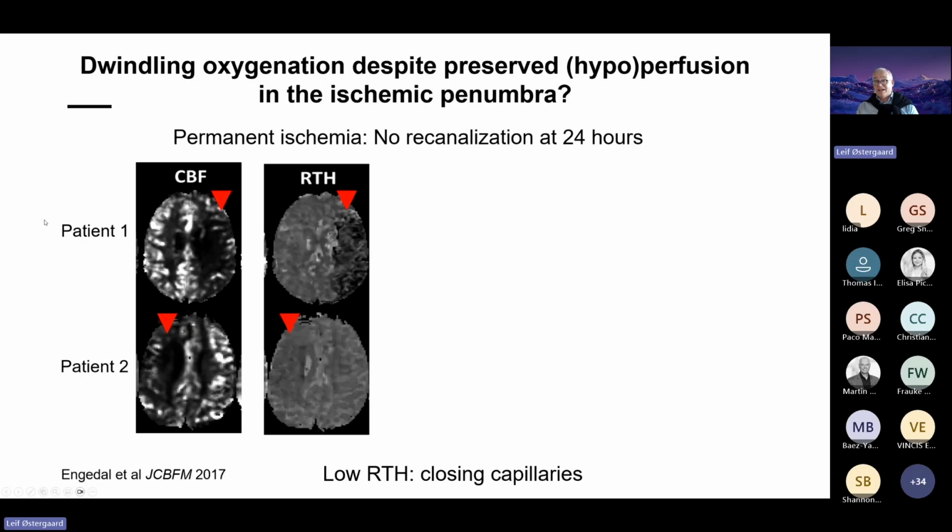So it means that they both have a penumbra, according to the way we talked about hypoperfusion and stroke in the beginning. And these patients were not recanalized or could not be recanalized. That means that this was permanent ischemia, so they had this CBF for days and weeks after their stroke.